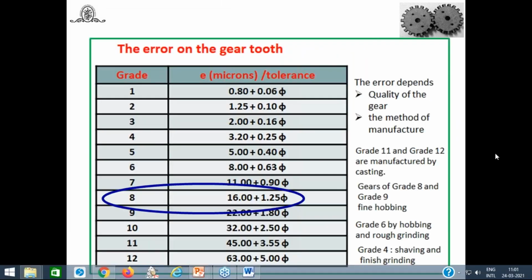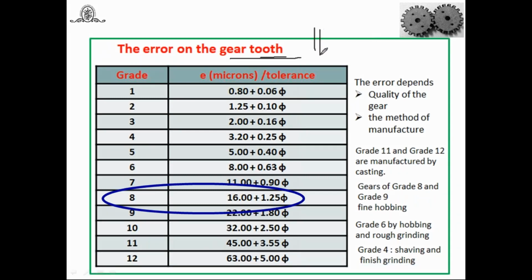Now, in this problem statement, which grade of manufacturing of gear is given? Grade 8. So you have this table available. Grade 8, look at this. What is the equation for the error? 16 plus 1.25 phi.